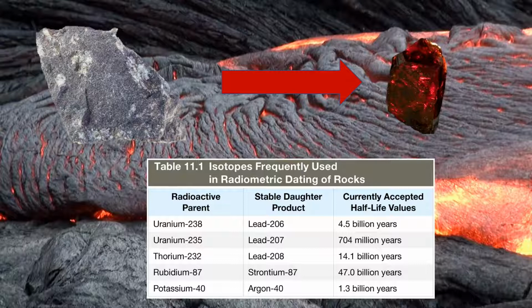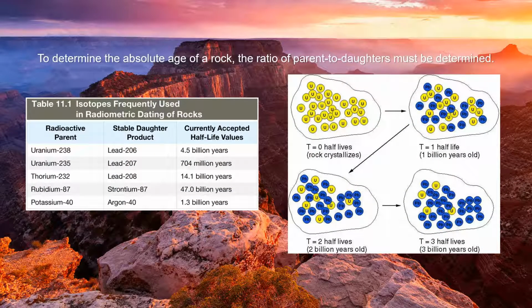That uranium-238 is the radioactive parent. So they grind this up and analyze the percent of uranium-238 as compared to the daughter product of lead-206.